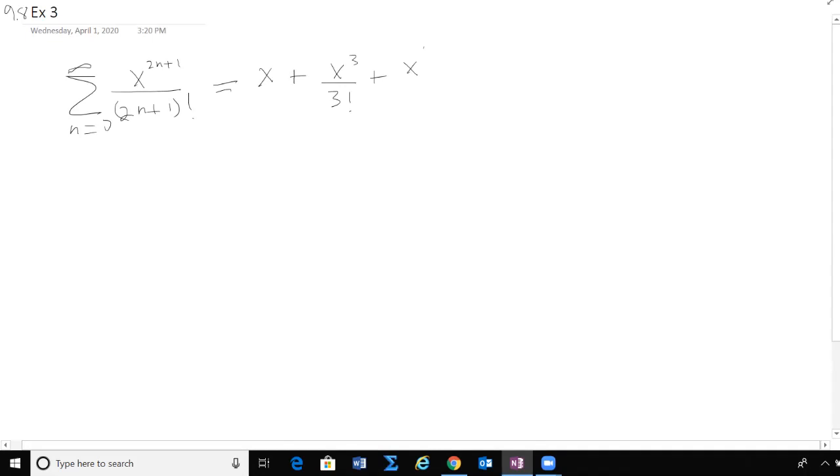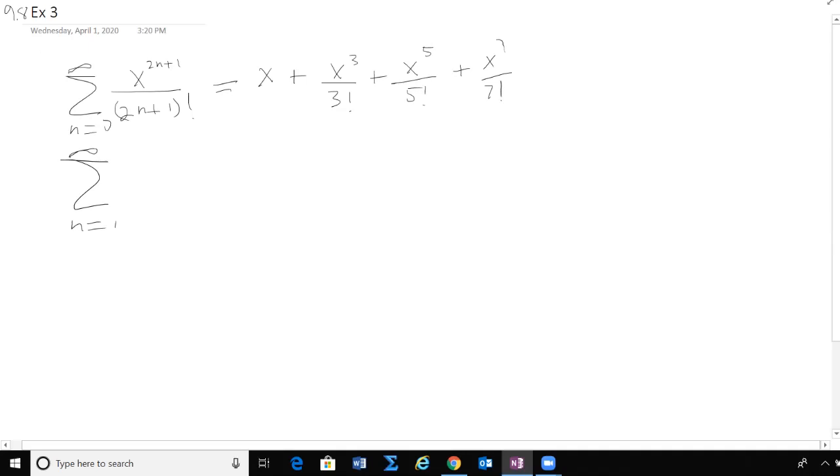And then the next one is a 5, and a 5 factorial, and so on. So if you notice what's happening to the exponents, you can see that we don't have to leave this index starting at a 0. We could write it beginning at 1.